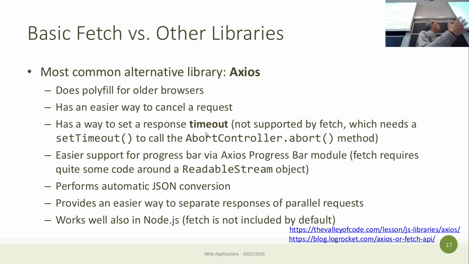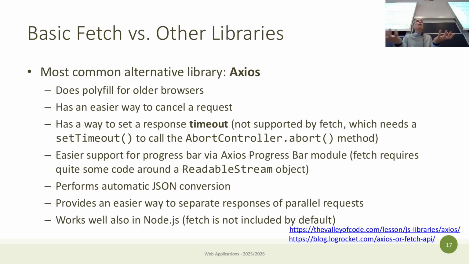For instance, you are downloading a lot of data, 1 megabyte, 10 megabytes of data. You want to have a progress bar. Okay? There is a way, but it's quite complex to achieve with a fetch. But other libraries might expose an easier mechanism to achieve these behaviors.